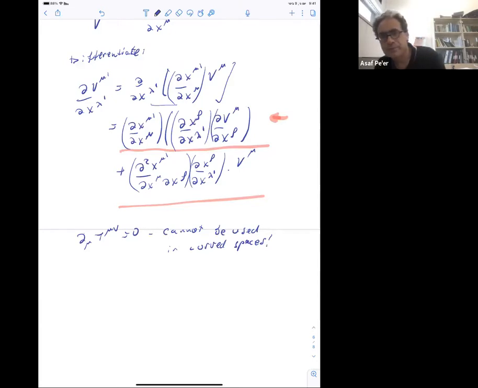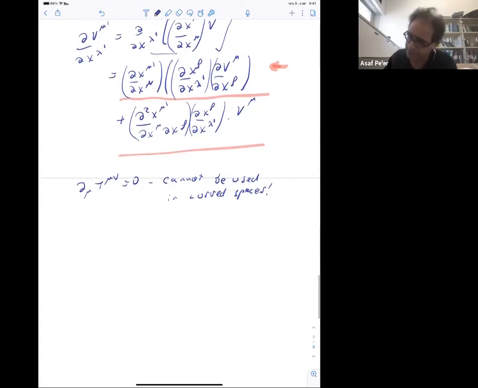So we got a bit stuck. What we're really after is some way of generalizing the concept of partial derivative in a way that will reduce back to the partial derivative when the space is flat, but transform like a tensor in a general way. That's what we're really looking for. And this object that we're looking for, and we're going to find it right now, is called the covariant derivative.